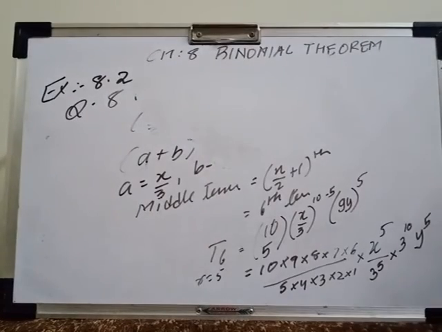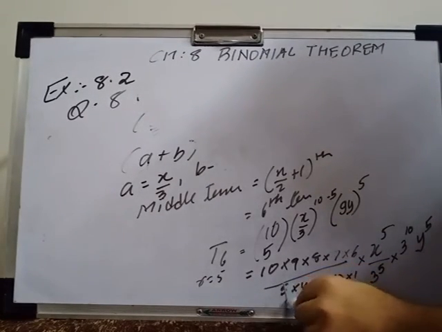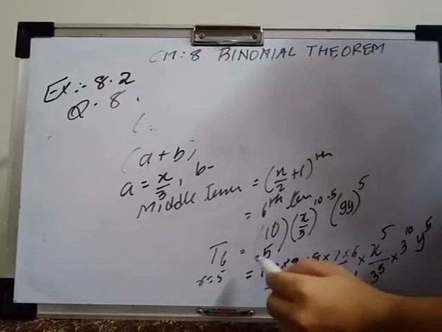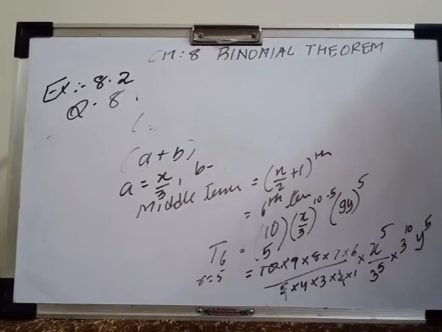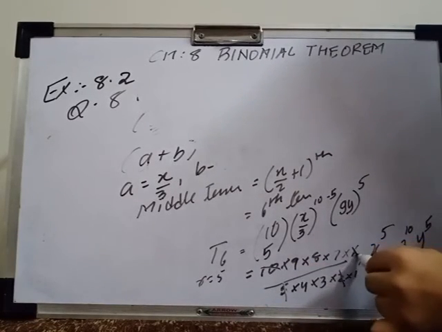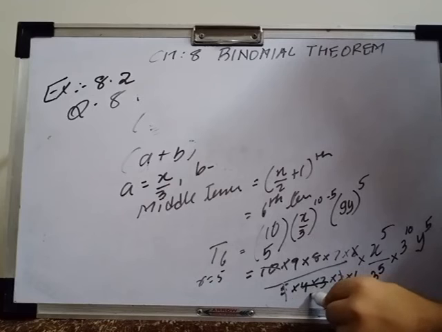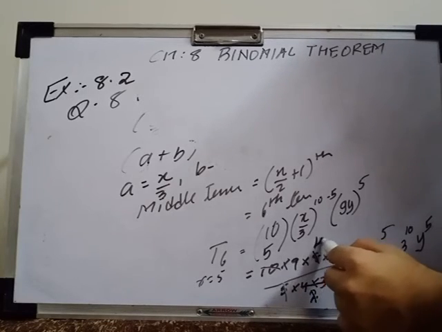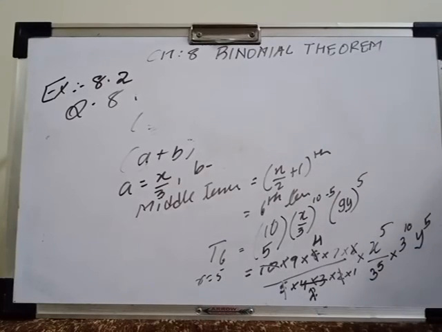Right. So 5 2s are 10, 3 4s are 12, so 6 1s are 6, 2 1s are 2, 4s are 8. So I am left with 9 into 4 into 7.